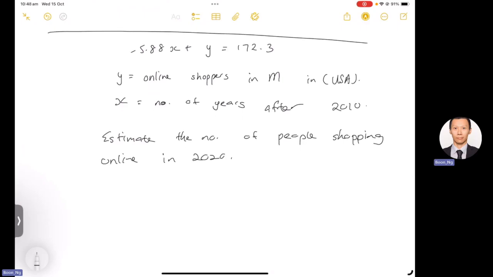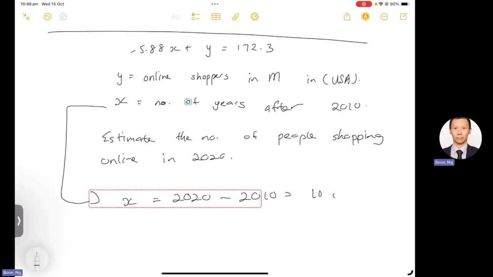So x is the number of years after 2010. That means from 2010 to 2020 is 10 years.